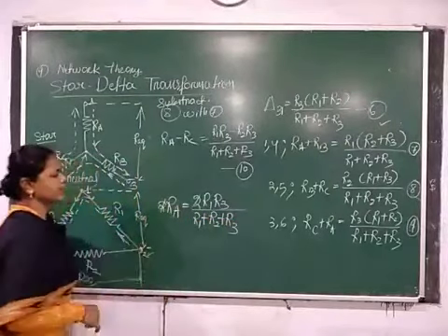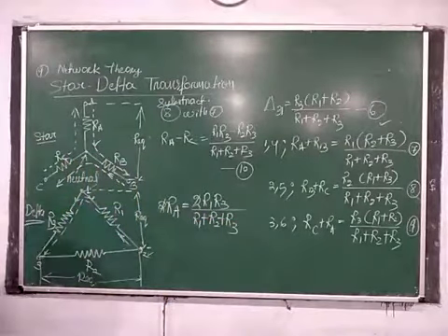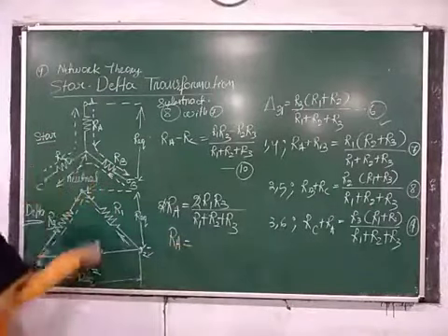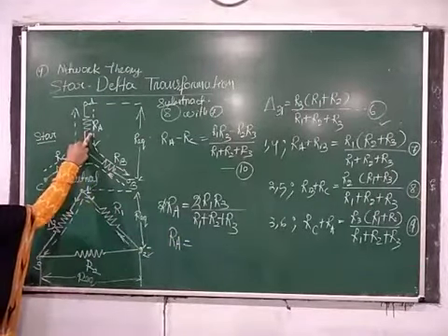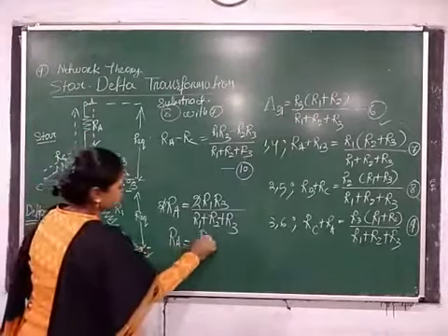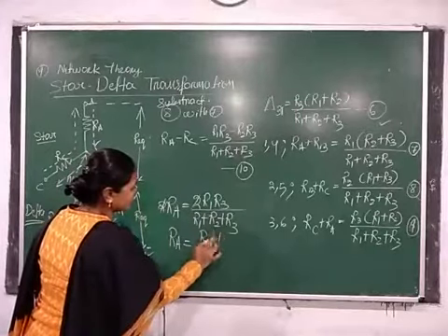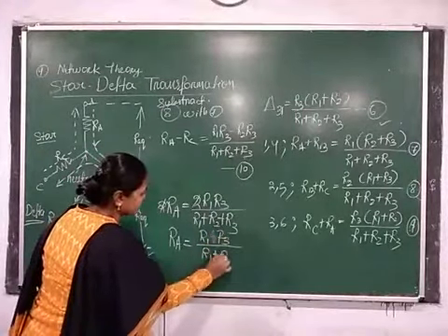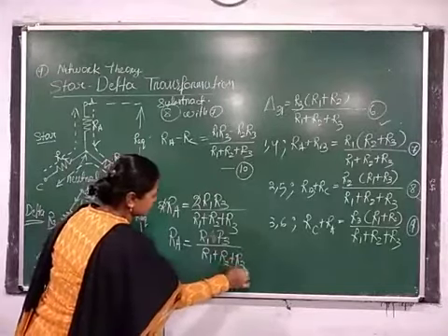These two are cancelled out, and finally you get star resistance RA with respect to delta: R1 into R3 by R1 plus R2 plus R3.